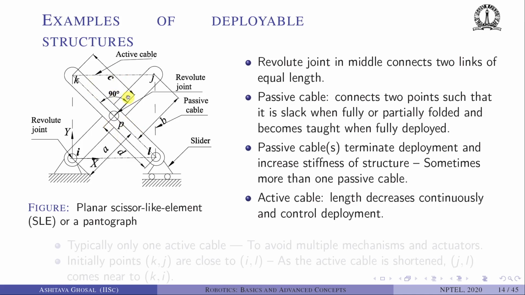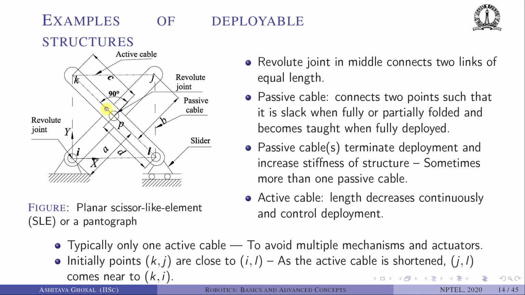So initially these points K and J are close to I and L. As the active cable is shortened, J and L come near to K and L. So these points will go this way. This angle which is shown here, 90 degrees, will start decreasing, and then this whole structure will go up. So it will be going along the y-axis.